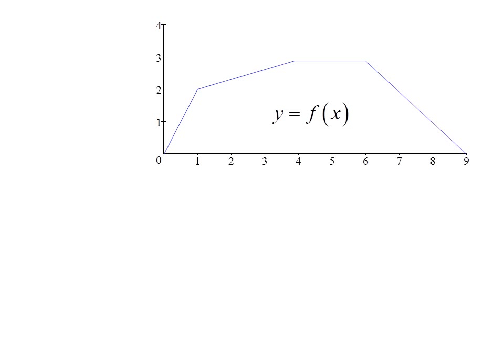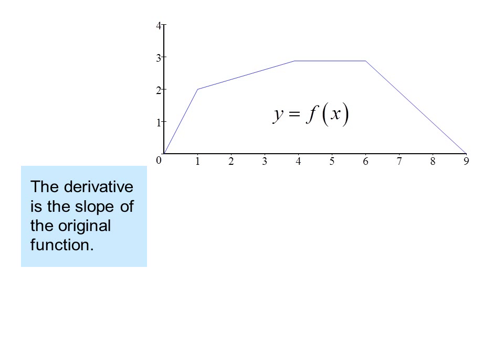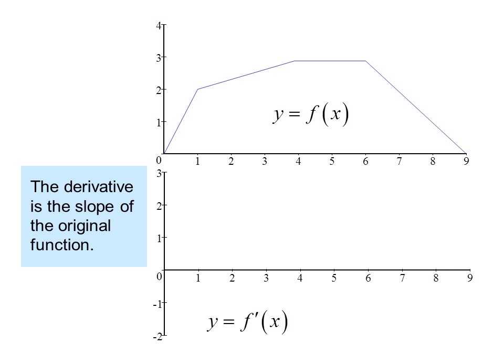Consider this function. The derivative is the slope of the original function. So we could graph the derivative by graphing the slope of the original function. In the interval from 0 to 1, the slope is 2. That is, up 2 over 1. So the derivative is 2.